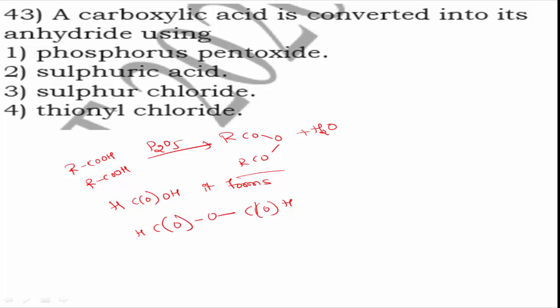The same thing takes place here. We are converting the acid's hydroxyl group into a better leaving group. Therefore, the correct answer for this question is P2O5, phosphorus pentoxide. Option 1 is the right answer.